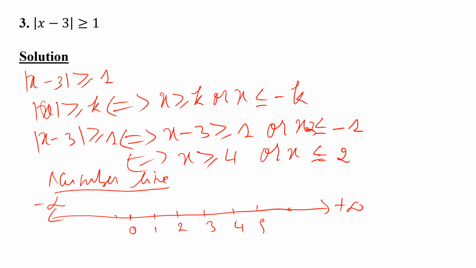Here I have negative infinity. Now we have x greater than or equal to 4. I've closed the circle here, then our solution should be here. And here we have x less than or equal to 2, moving from 2 to negative infinity.